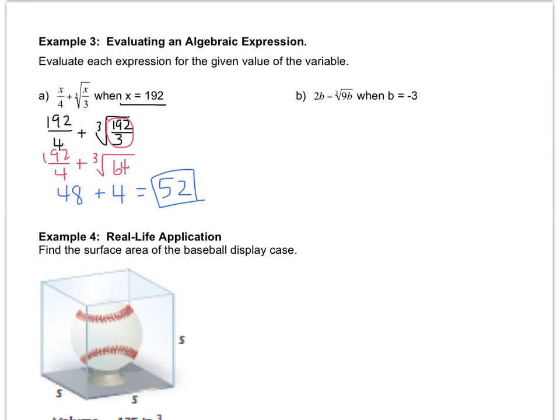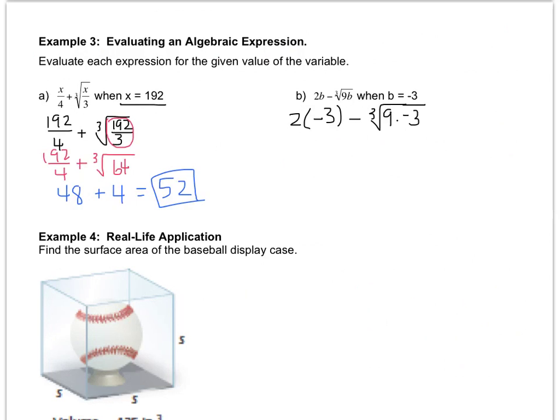Over in letter B, same thing. I'm just going to plug in negative 3. And when I go here, everything is under the square root or the cube root symbol. So I don't have parentheses or exponent. Well, the parentheses just mean multiplication.